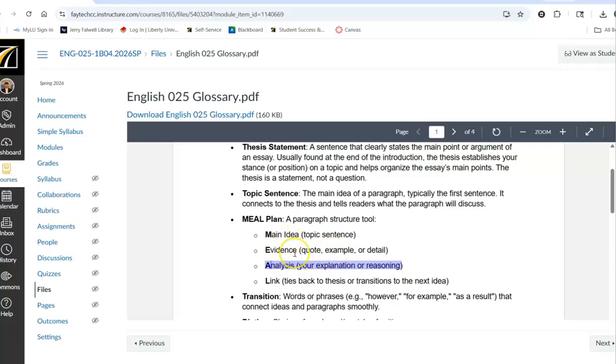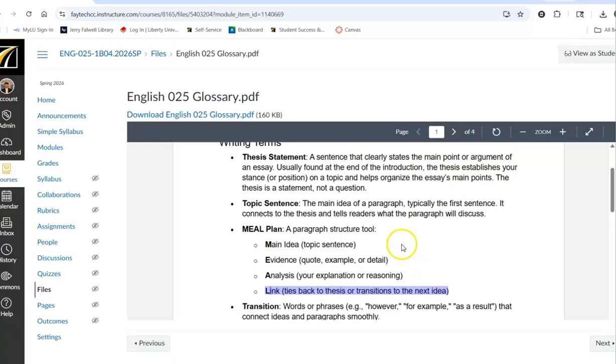And then there's a link. The link is the sentence that wraps up the paragraph. It can tie back to the thesis statement, or it can transition to the next idea, being the next paragraph. So we're going to work on writing a topic sentence and using the MEAL plan paragraph structure in this module.